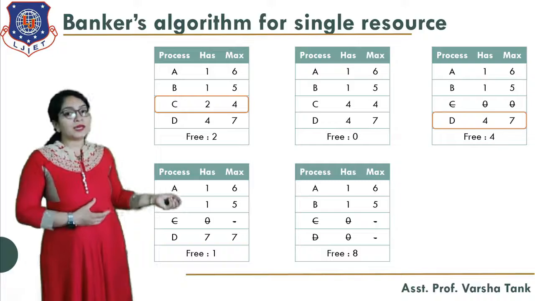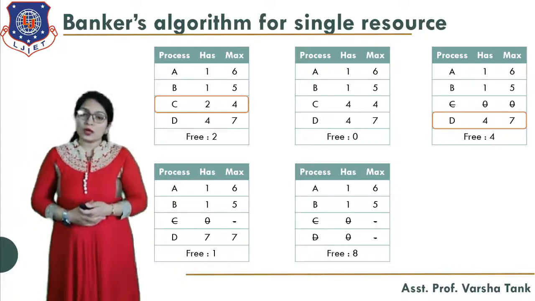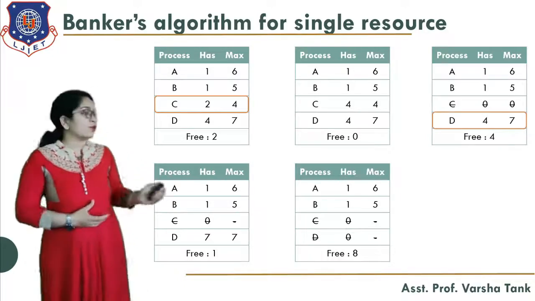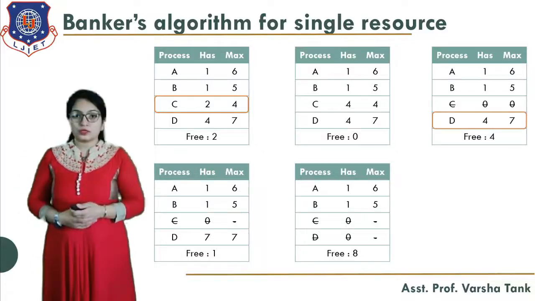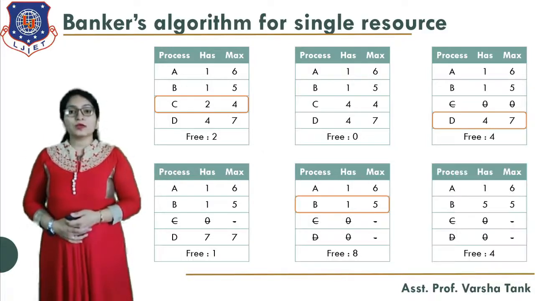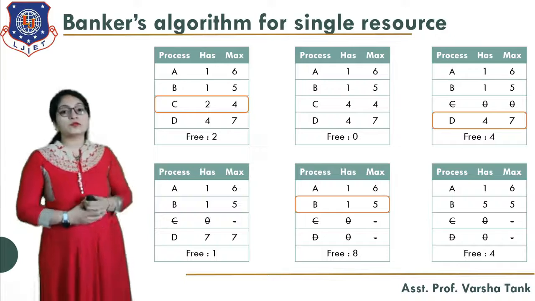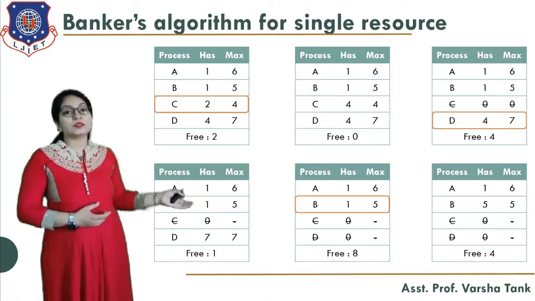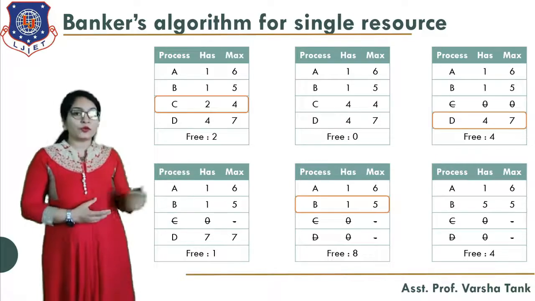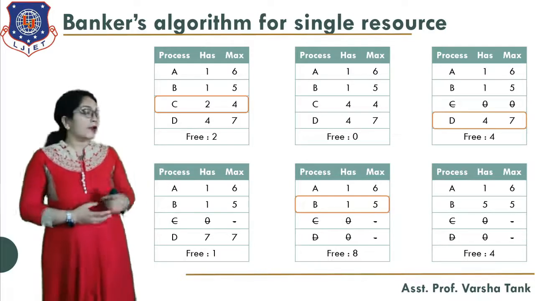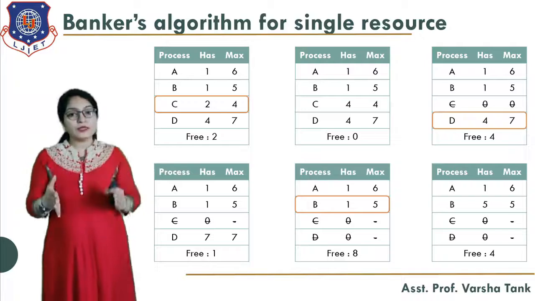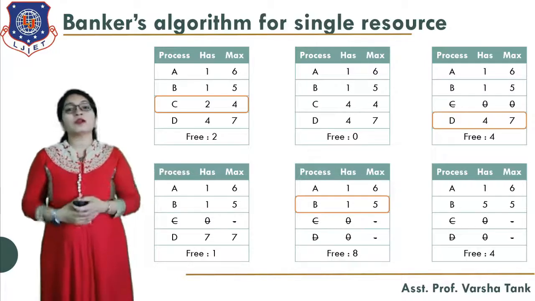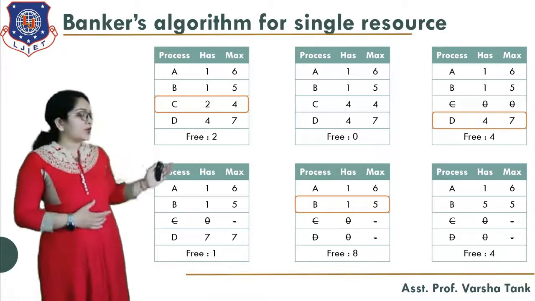Now you can assign these resources to process A or process B because we can fulfill the need of both processes. Here we will fulfill the need of process B, so we have assigned those 4 resources to process B. Now process B will complete its execution and again release all the resources held by it.